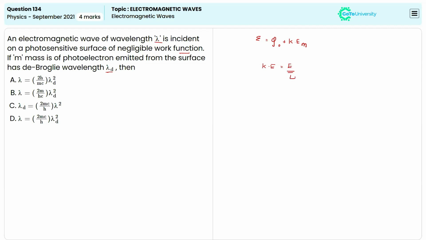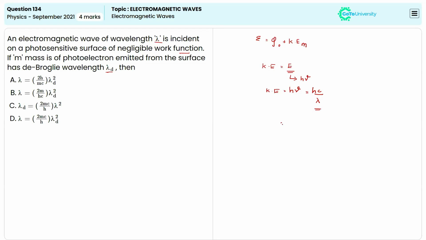It's known that the energy will be equal to h nu, or else we can say hc divided by lambda. From this, we can calculate the de Broglie wavelength.